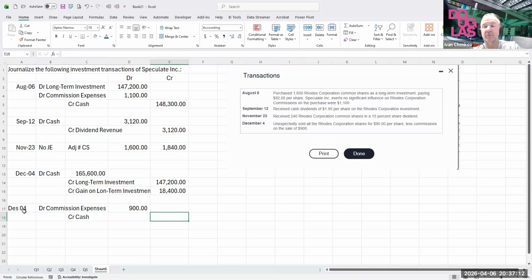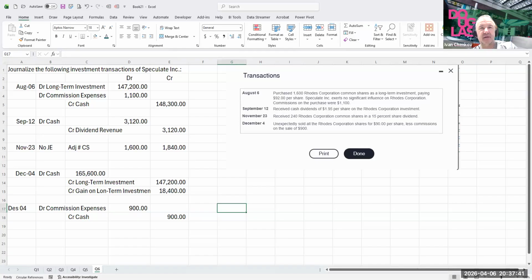Now, if you want to do the combined entry, PS is probably gonna ask you for a combined entry, so you add the commission expense here and reduce the cash. And that's all with this question. That's question number 6.